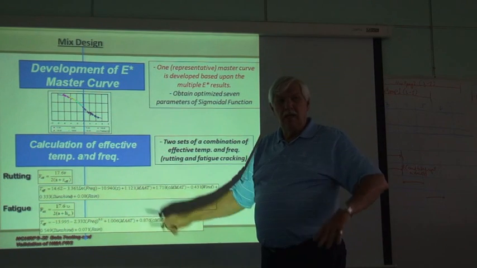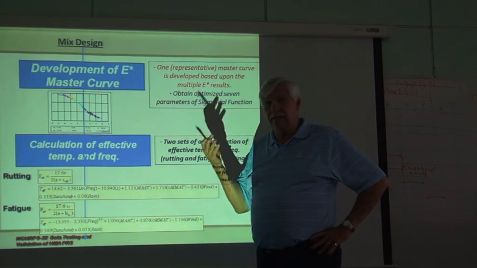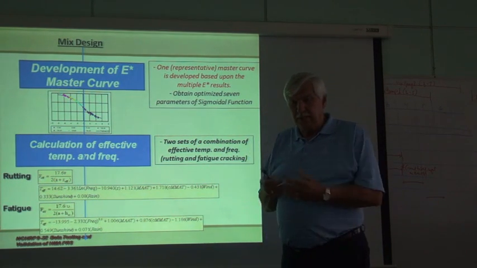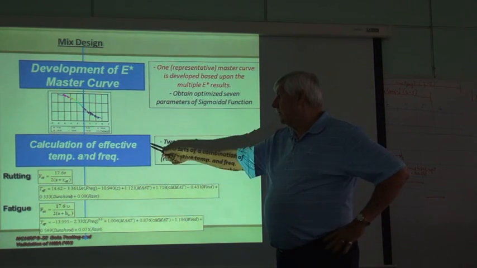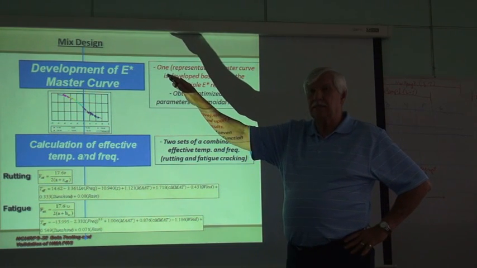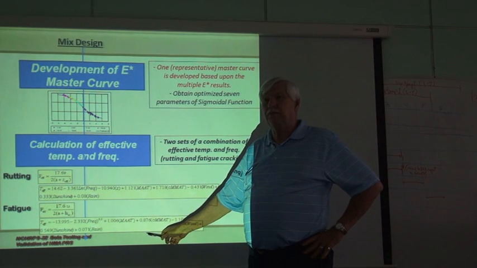That's what you're looking at: the best way to test the result, get a master curve, characterize it by sigmoidal parameters, et cetera. And then what you're going to do is get the effective temperature and frequency by use of the equations that I have. Here's one for rutting. Here's the one I showed you for fatigue.